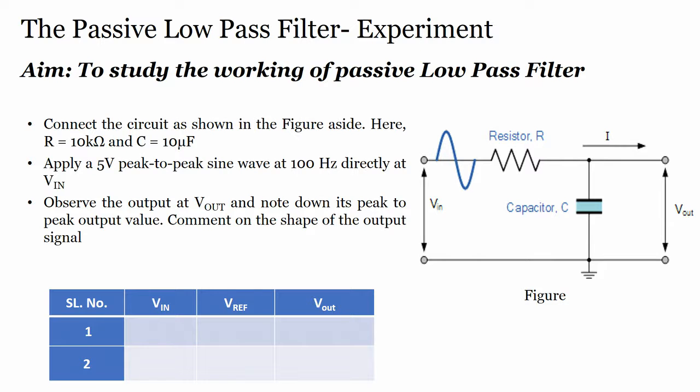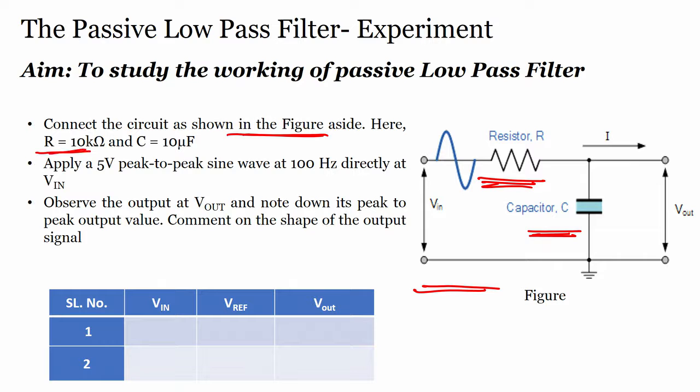Here we are using one resistor and one capacitor. We have to connect the R and C in this particular fashion. So, connect the circuit as shown in the figure on the side, which is this figure.